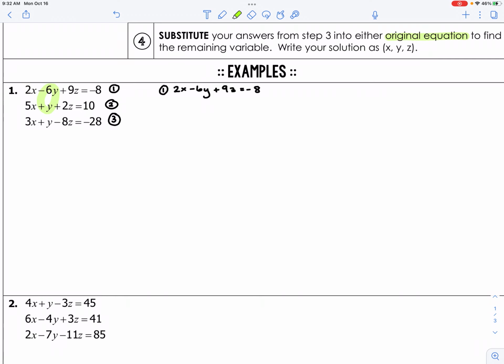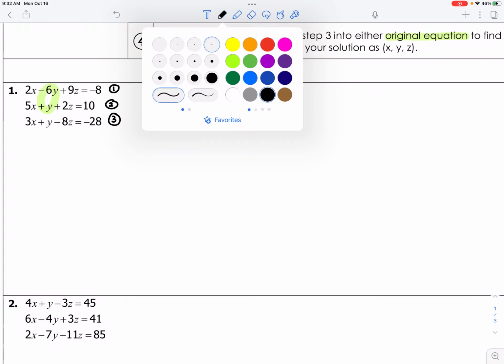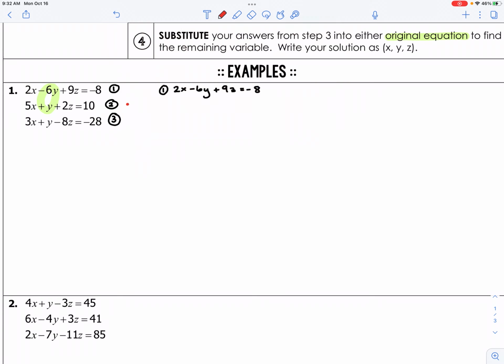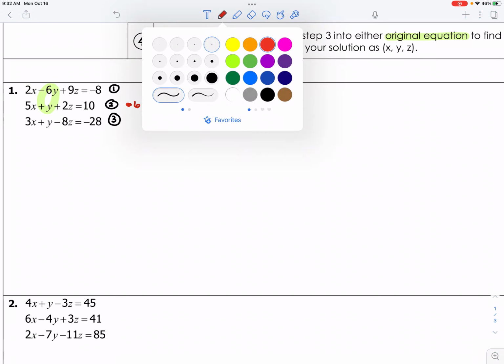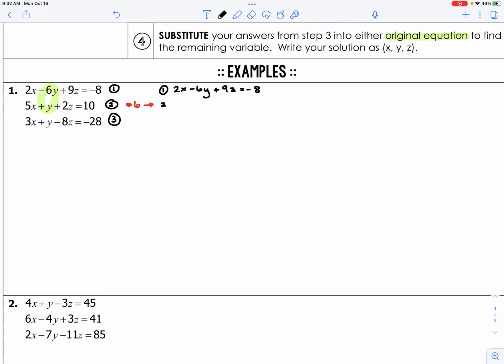So I'm just going to multiply this whole equation by 6 to get my equation 2. So remember, we're multiplying everything by 6. So this becomes 30x plus 6y plus 12z equals 60.